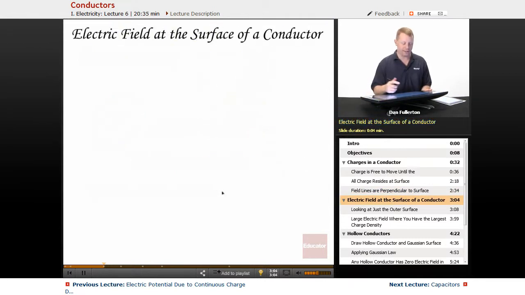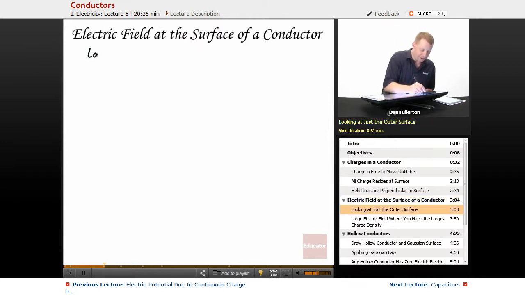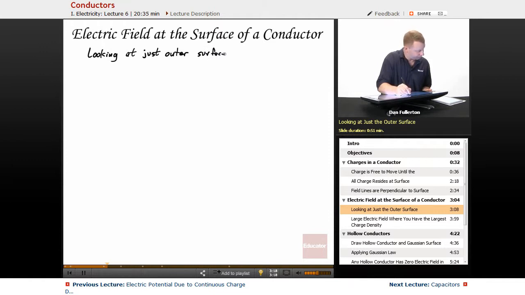So let's look some more at the electric field at the surface of a conductor. If we look at just the outer surface, let's make a note of that. Looking at just the outer surface, let's take, using Gauss's law, the integral over the closed loop of E dot dA is our enclosed charge divided by epsilon naught.